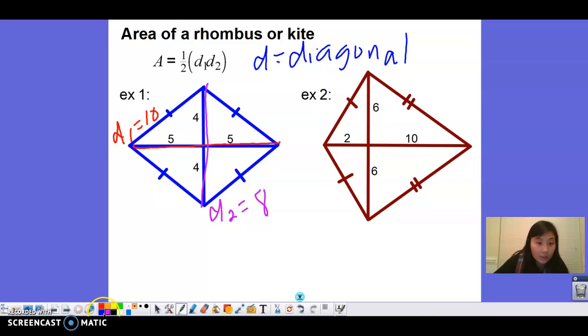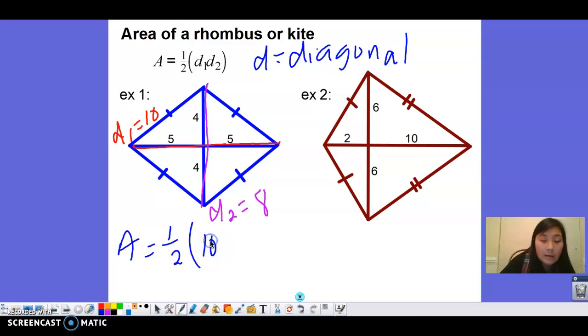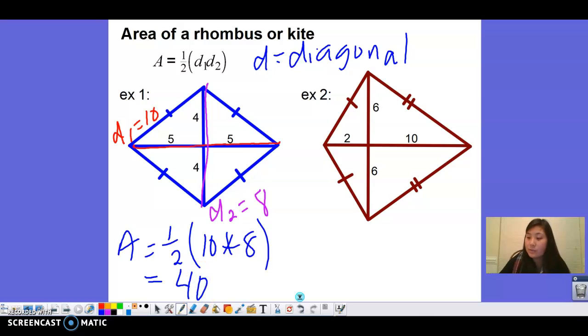So when I do my work, my area is going to be 1/2 times 10 times 8, and that's going to give me 40 for my area there.